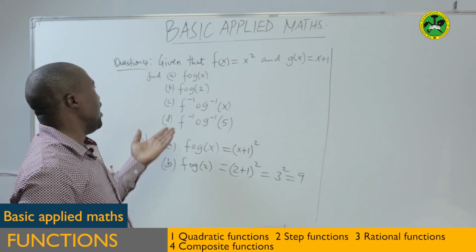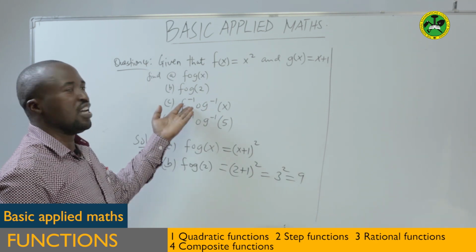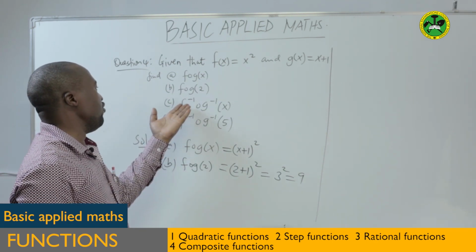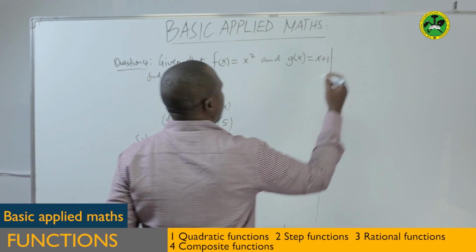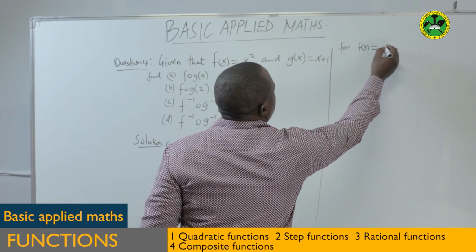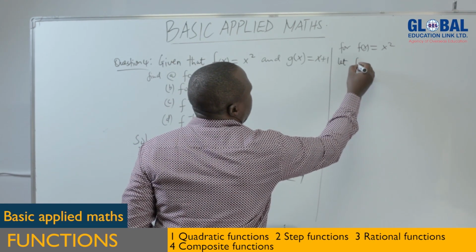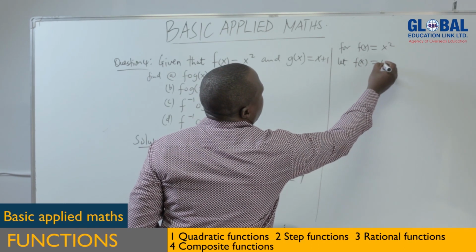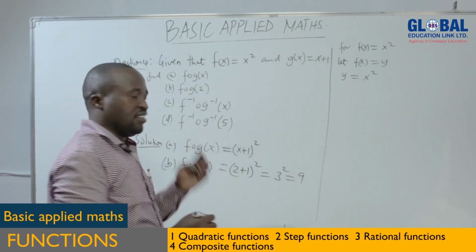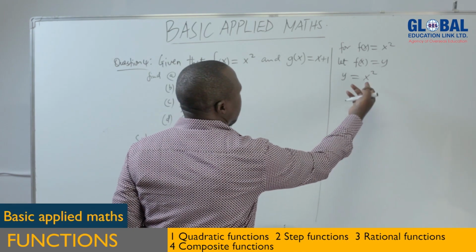C says f inverse of g inverse of x. Starting with the f inverse, because here we have f of x, we don't have f inverse of x. So for f of x is equal to x squared, we let f of x be equal to y. So y is equal to x squared. Now, step 1, we exchange variables. Here we have two variables, y and x.